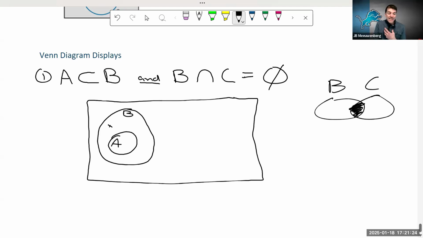But this statement says that they really have nothing in their intersection points. Well, that tells us that C is really its own separate set over here, and it's completely disconnected from B. So this diagram right here shows the information that's stated right there. We've satisfied all those conditions.